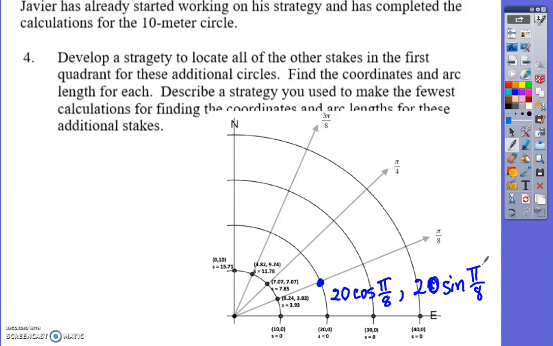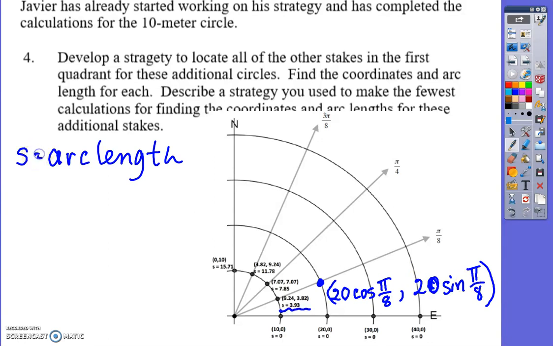So Javier's found his radian measure and he's moving to radians, which is something we need to learn how to do. The S right here is important. S is the arc length. And so we need to find the arc length, but this is going to be the ordered pair for the point.